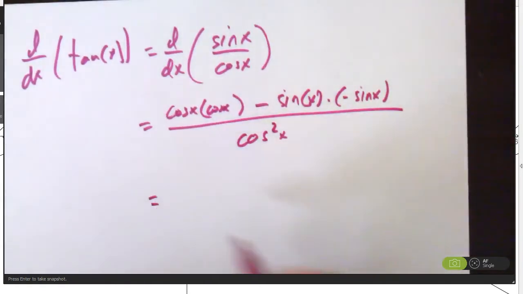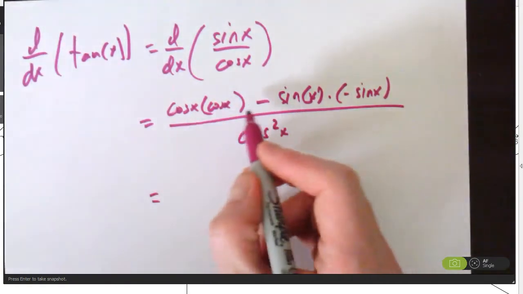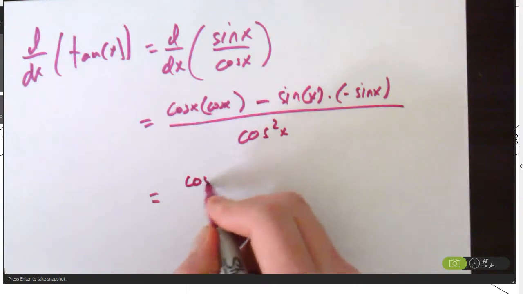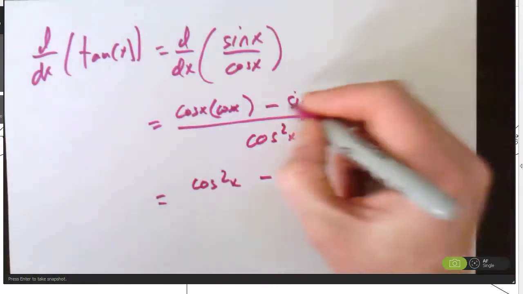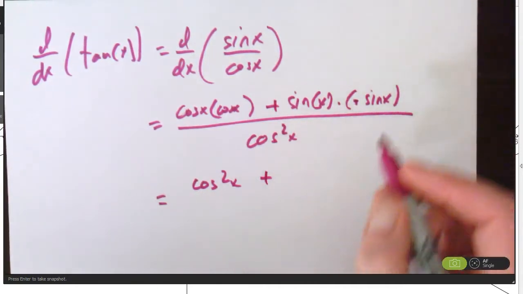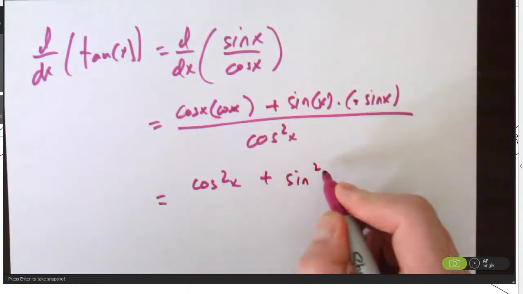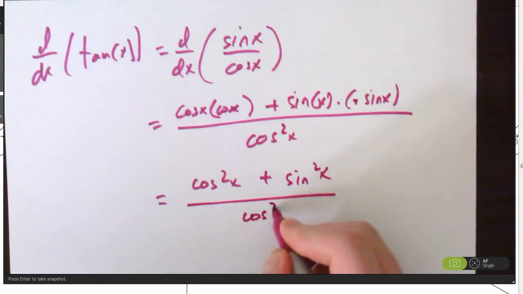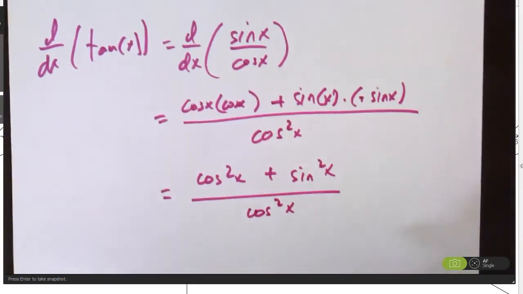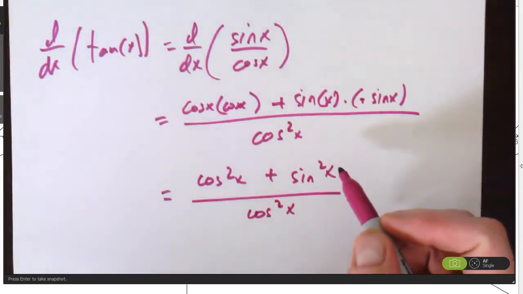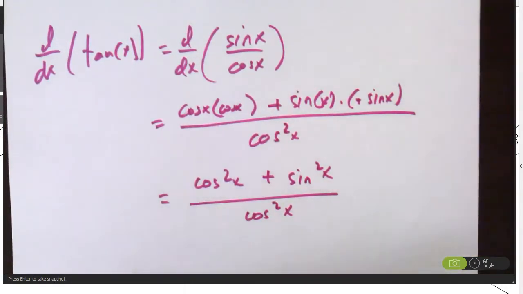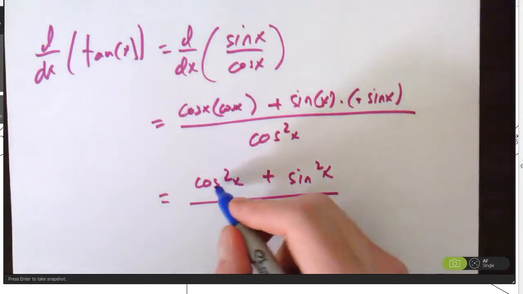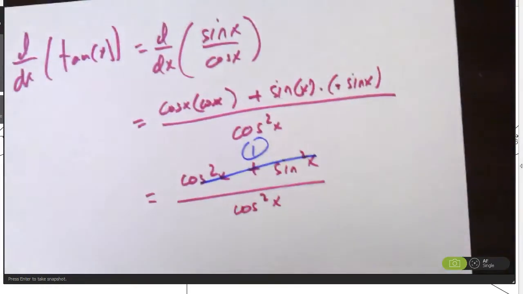So when I simplify that, cosine x times cosine x is cosine squared x. And then negative sine x cancels out to be plus, and sine x times sine x is sine squared x, all over cosine squared x. Now you have to say to yourself, I know a trig identity that deals with cosine squared x plus sine squared x. That identity is that sine squared x plus cosine squared x is 1.